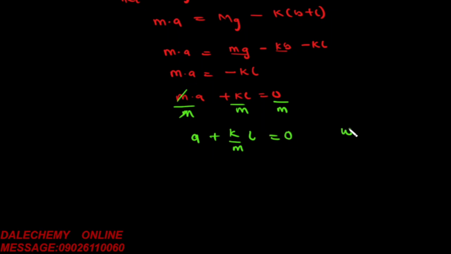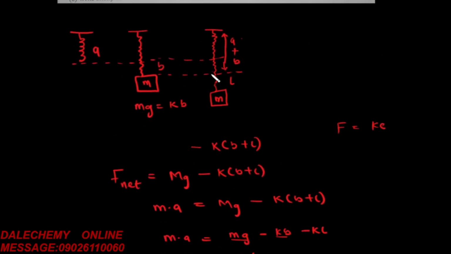Remember that omega equals the square root of k over m. You might say that this omega is for simple harmonic motion, but it's still the same thing here, because the mass will still keep oscillating at the moment that you draw it down by a particular length L. So it will keep oscillating.